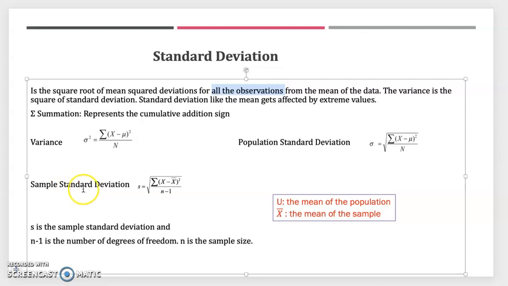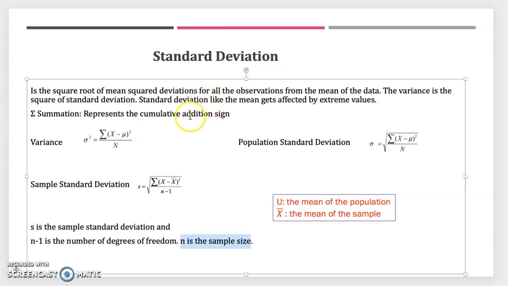The sample standard deviation uses the sample value minus x bar, which represents the average of the sample. But here we use n minus 1. When we divide, we don't divide by n, we divide by n minus 1, where n is the sample size. So n minus 1 is the degrees of freedom of the sample.